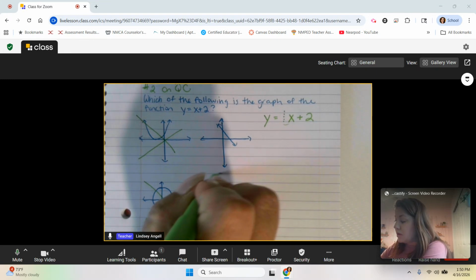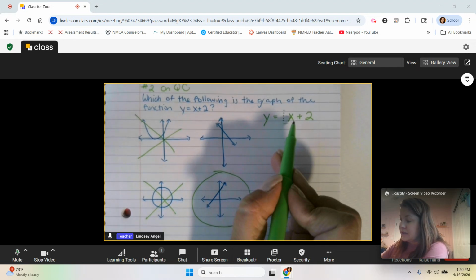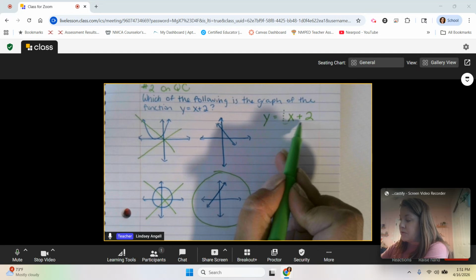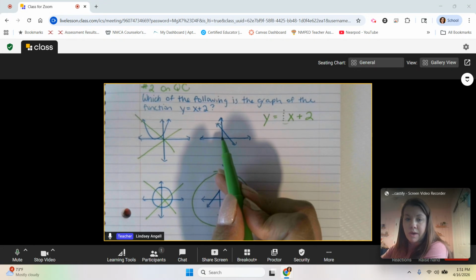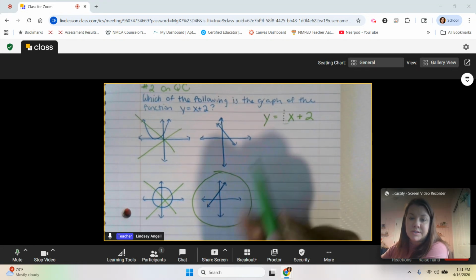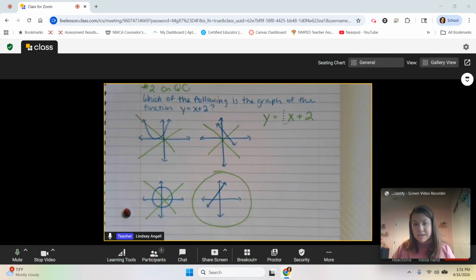Well, this is the only one where that fits, okay? So that's got to be it. We can't necessarily base it off of the y-intercept because in both graphs, it's the same, okay? But if you were to graph this on your own, it should look something like this, not this one, all right? So keep that in mind as you are going through.